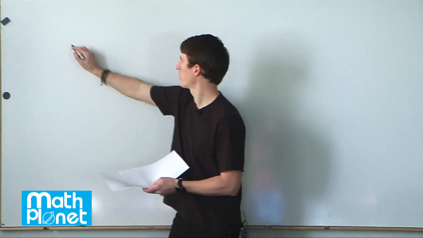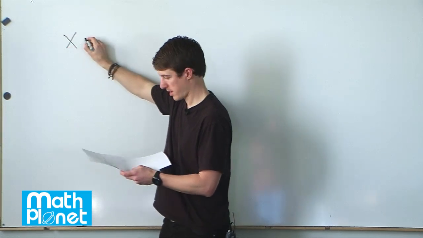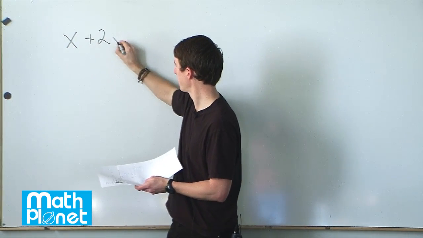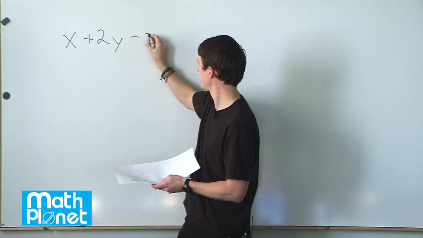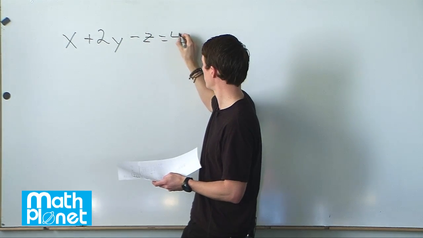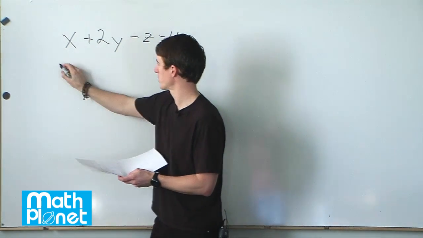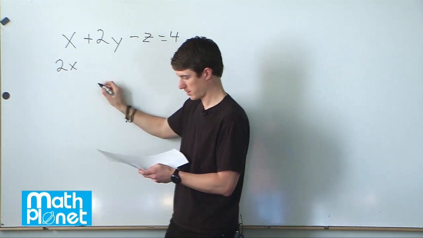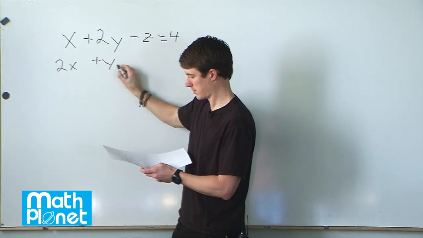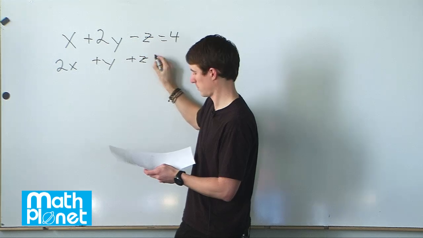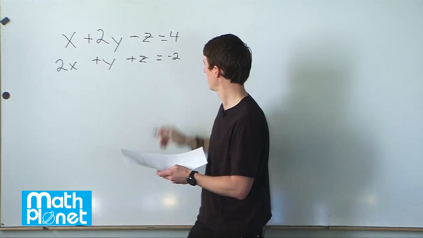So let's start with the first equation, x plus 2y minus z equals 4. And the second equation, which is 2x plus y plus z equals negative 2.